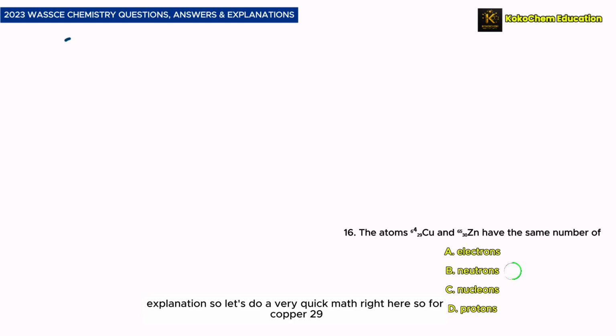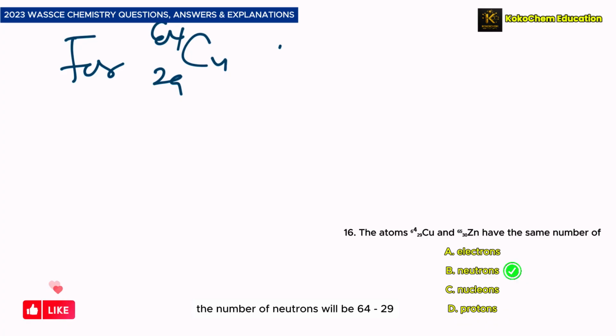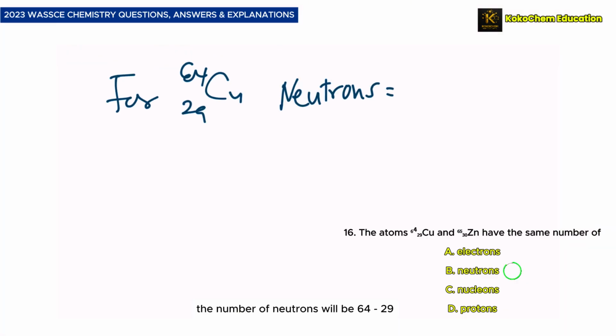Explanation. So let's do a very quick math right here. For copper 29, the number of neutrons will be 64 minus 29, which will give you 35.